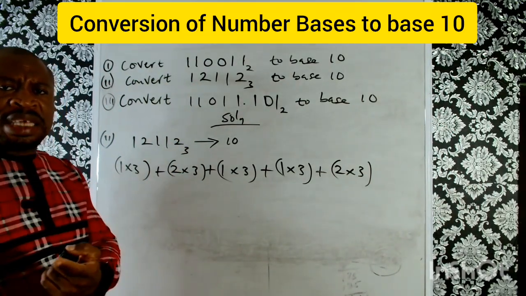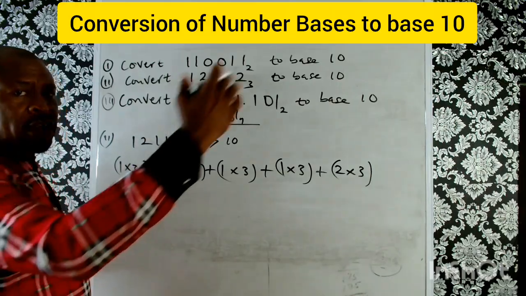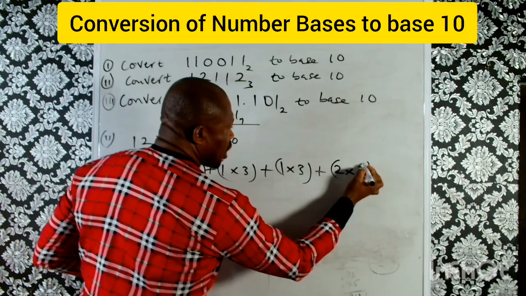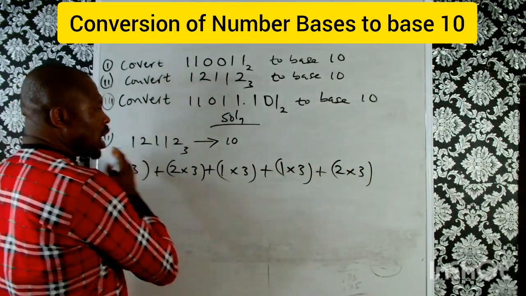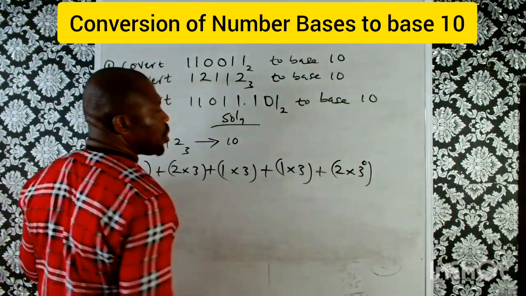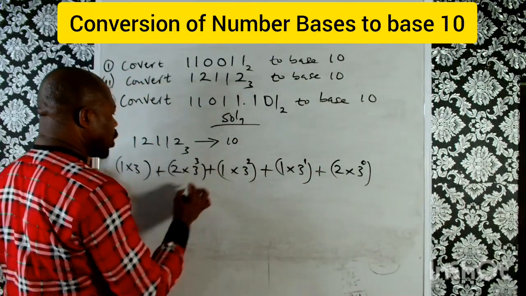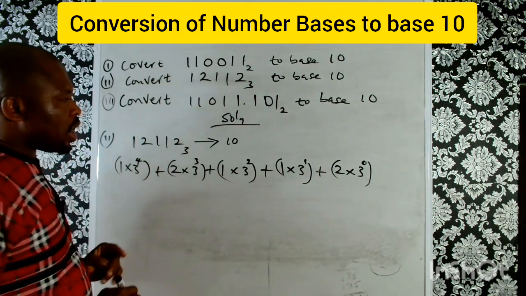Now we begin to assign numbers starting from 0 to the last number, in this order from the right to the left. We assign 0 here, 1 here, 2 here, 3 here, and we have 4 here.